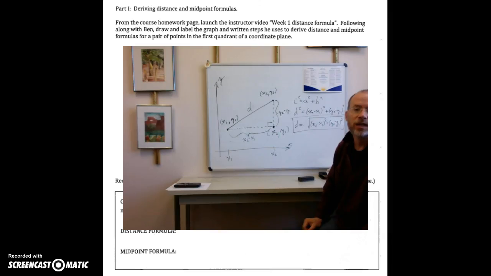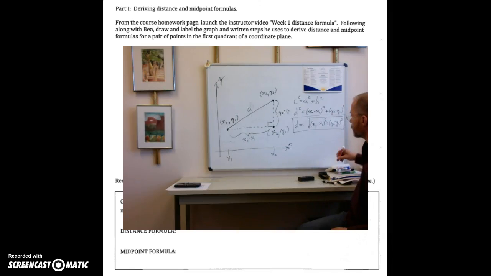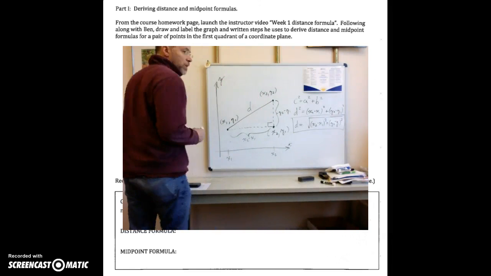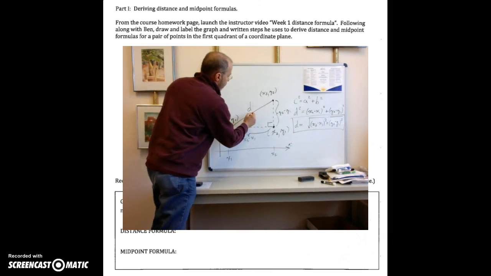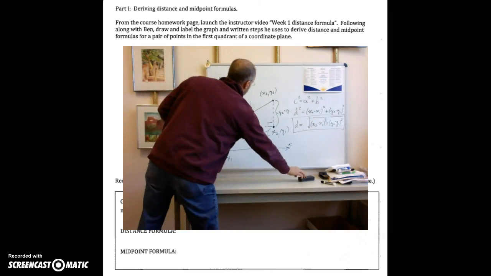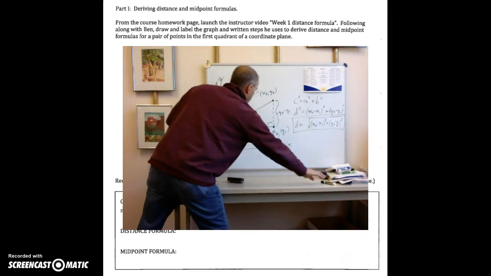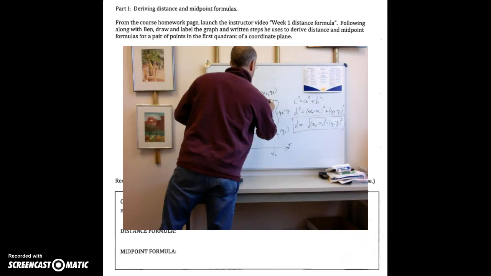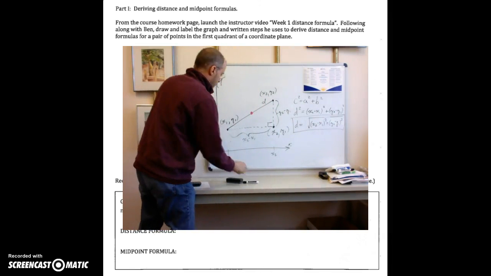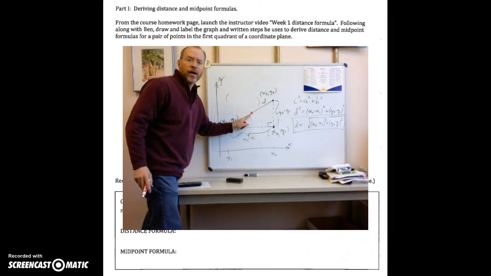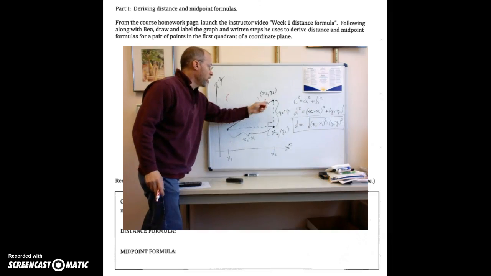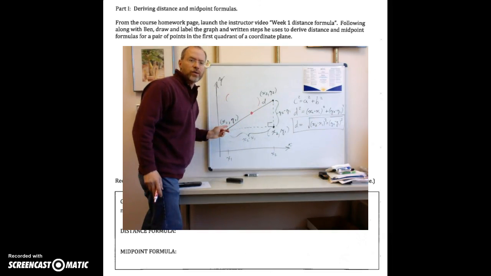And then one other thing you can see in this figure, if you look carefully, is, let me switch colors, you can use this same scheme to figure out a formula to locate the midpoint. Let me move my d over a little bit and just contemplate, what would I get if I tried to come up with coordinates for the point that was halfway between x1, y1 and x2, y2 in the plane.